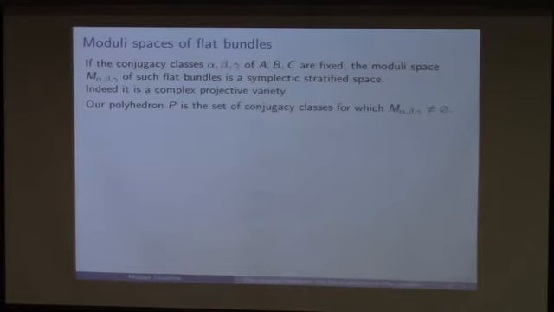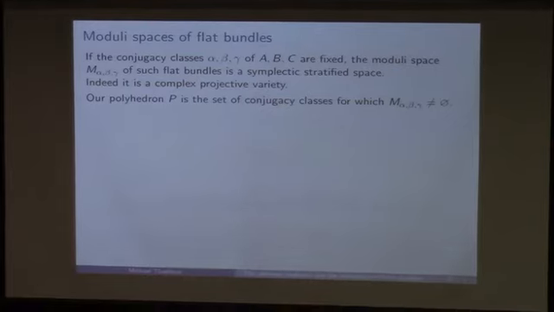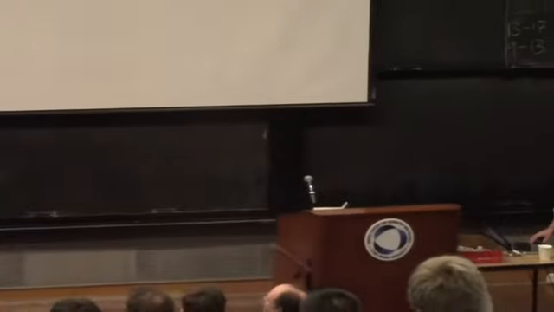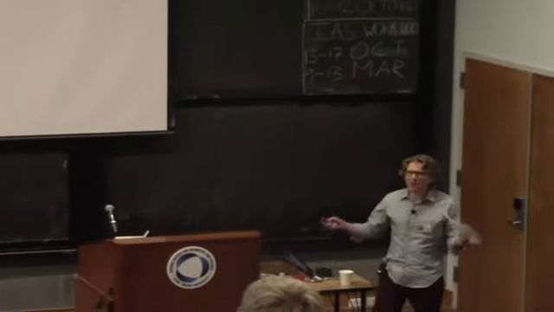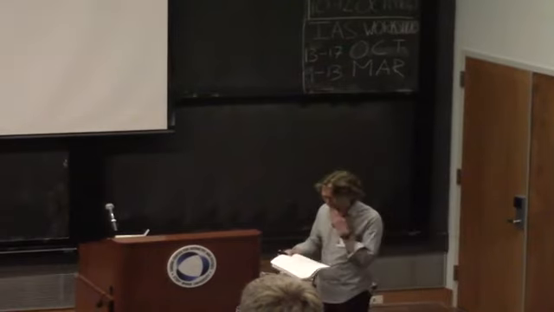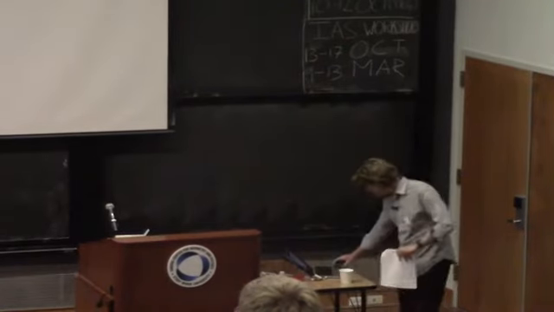Anyway, the polyhedron that we're studying is simply the set of all triples of conjugacy classes where this moduli space is not empty. And when you start thinking symplectically, you want to look for the moment map of a torus action on a symplectic manifold. In symplectic geometry, the way polyhedra arise is as the images of moment maps of torus actions.